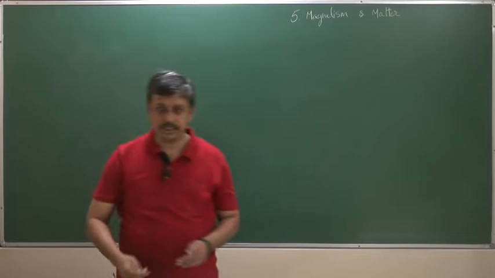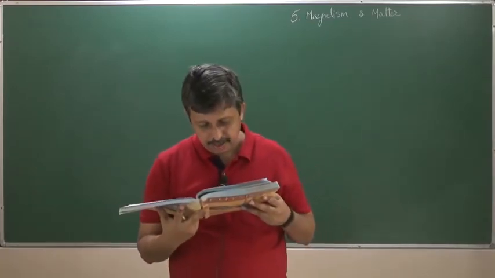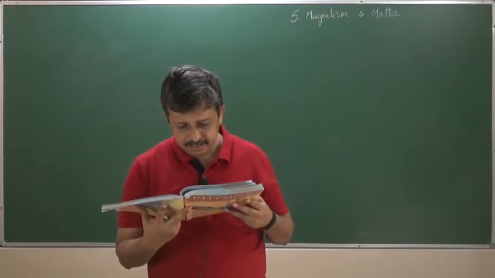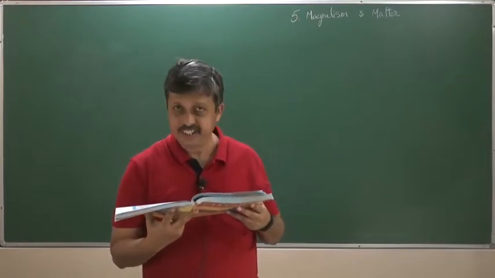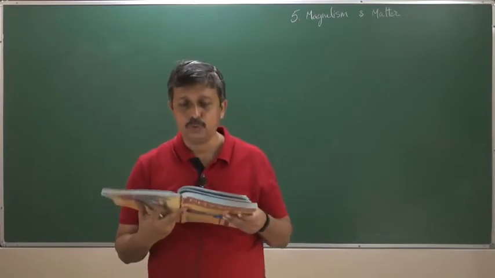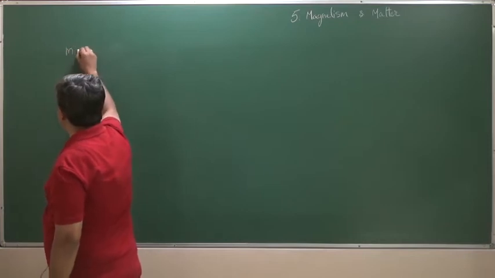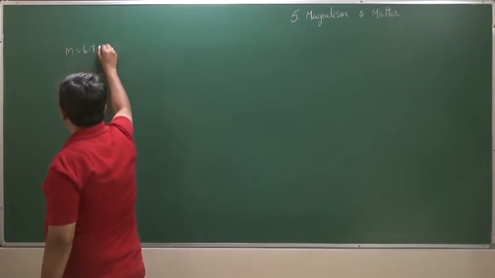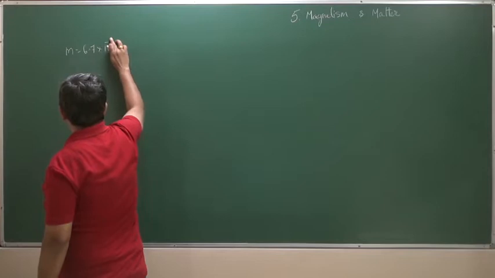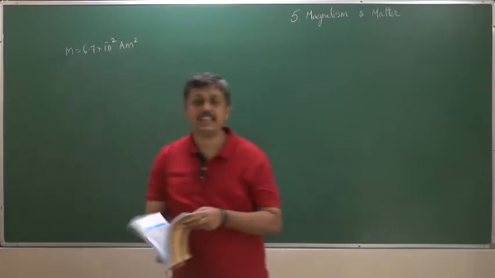One question you can take. The magnetic needle has magnetic moment 6.7 into 10 to the power of minus 2 ampere meter square. This is the magnetic moment of a needle.